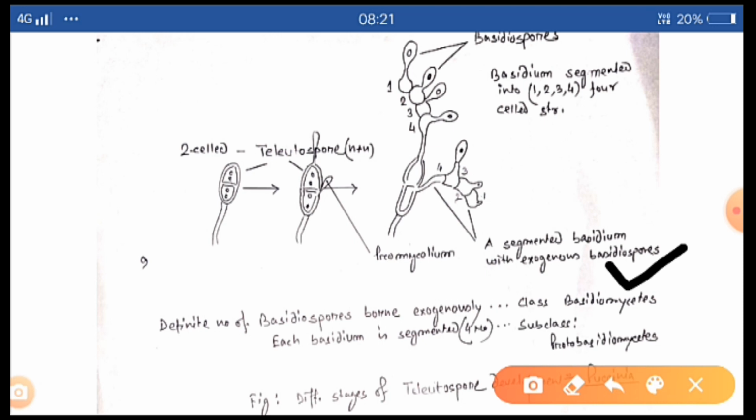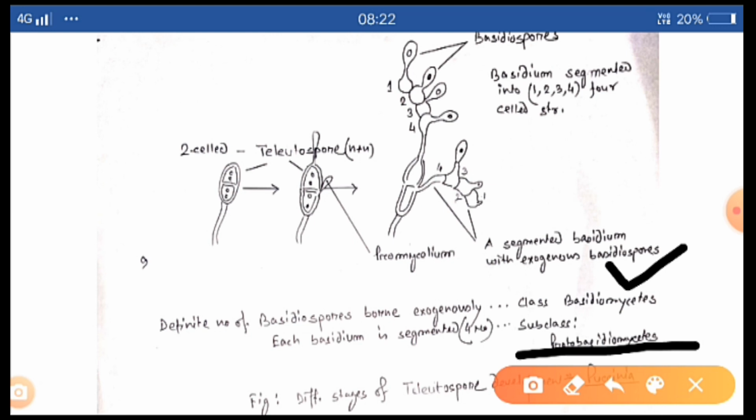And the number of spores is definite, but the basidium is septate or segmented, hence a new subclass is formed under the class Basidiomycetes, and it is Protobasidiomycetes.